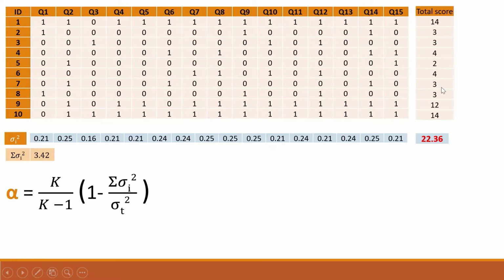So the total score variance has been determined, and the summation of the variance for all the items is calculated. Then the equation can be used to determine the value for Cronbach's alpha.